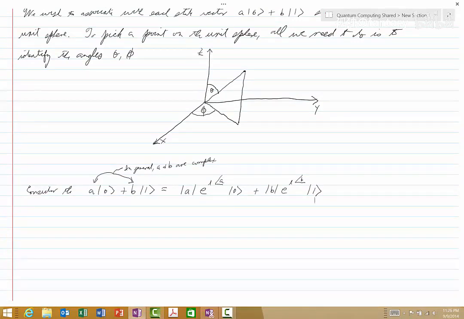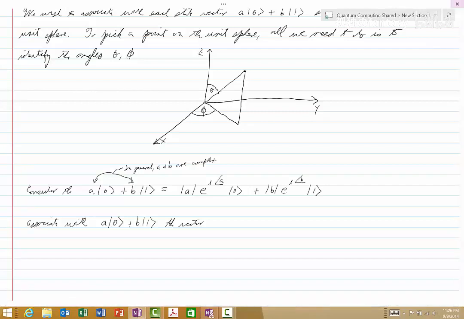Now, let's associate with this state vector the vector that we're going to basically map that vector to another vector.